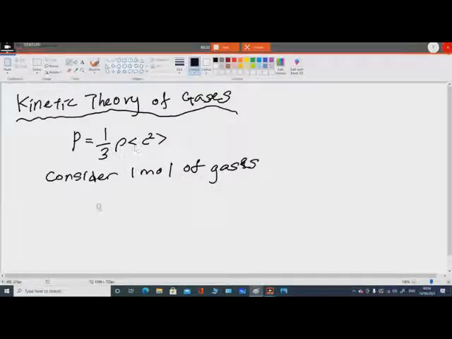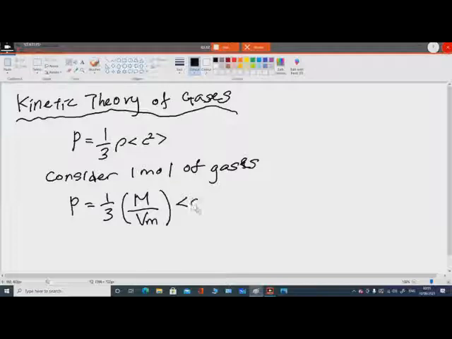The rho for 1 mole of gas is equal to capital M, the molar mass of the gas, divided by the volume of 1 mole of gas, Vm. So P equals 1/3 times M over Vm times C squared.